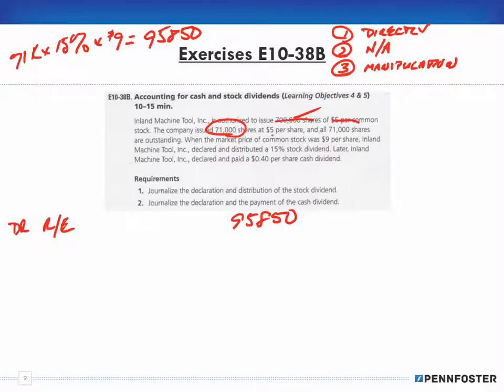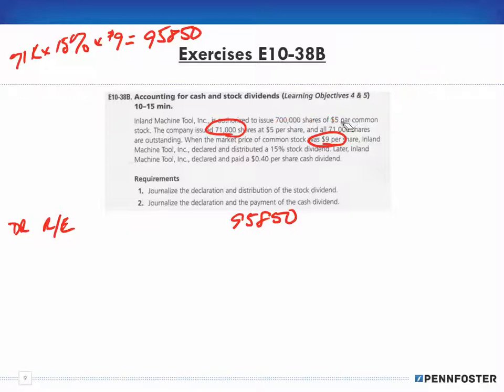The $5 per share doesn't come into play here, because it's the market value that we worry about when it comes to the stock dividend. As you read these dividend problems, they give you the information for the stock itself, but you have to pay attention to what you need and what you don't need.